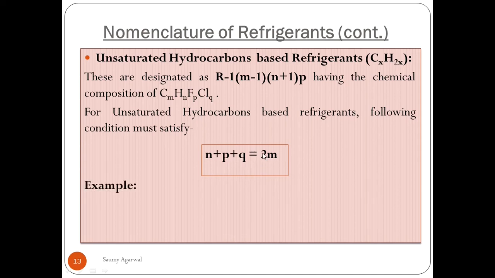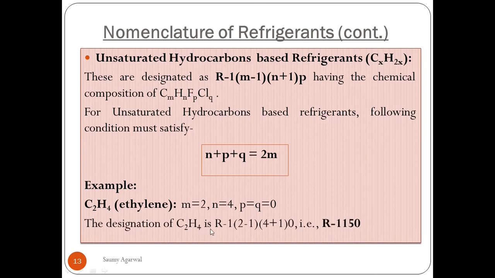So let's take an example of ethylene, which is C2H4. We need to find the nomenclature or designation of this refrigerant. Over here we see that the number of carbon atoms, m, is equal to 2, and the number of hydrogen atoms, n, is equal to 4, and there are no chlorine atoms or fluorine atoms, so the values of p and q are equal to 0.